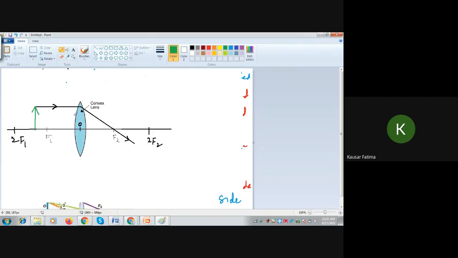So the ray coming parallel to the principal axis, this is the principal axis, I already told. This ray is going this way. Let me elongate this ray because we don't know where the two rays will be meeting. The ray which comes towards the optical center should have been made a little longer.